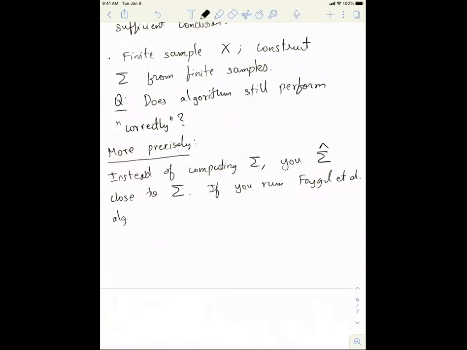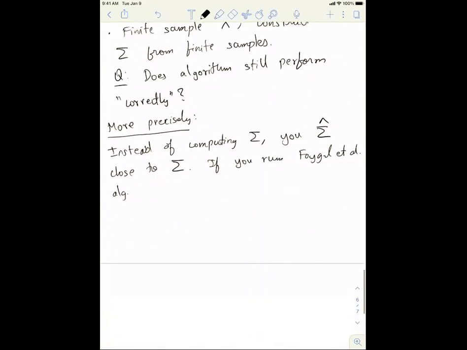The question we want to ask is, instead of computing your parameters using sigma, if you use a matrix sigma hat which is close to sigma, and I'll define what close means, and then you run the Foygel et al. algorithm, you will get parameters, let's say lambda hat and omega hat.